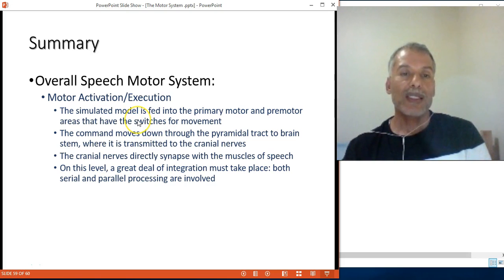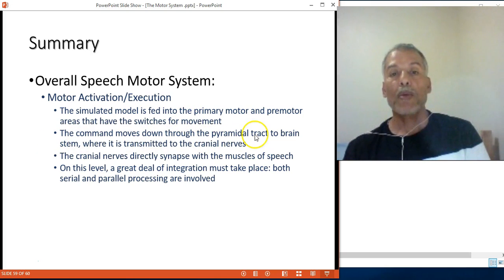So it has the cells that activate the movement itself, because that is connected directly with your muscles for speech. So the command, or the order to move, goes down through the pyramidal tract to the brainstem, where it is transmitted to the roots of the cranial nerves, and the cranial nerves directly synapse with your muscles of speech.